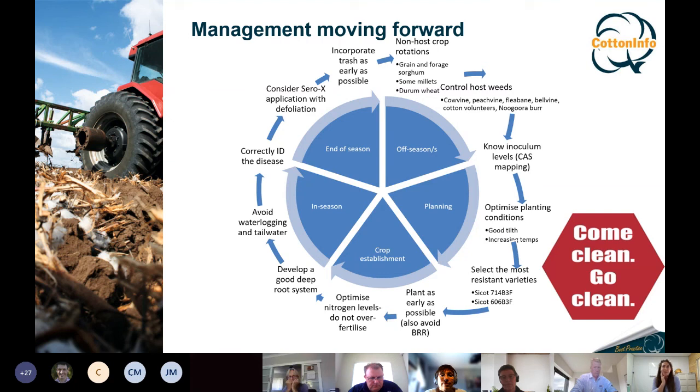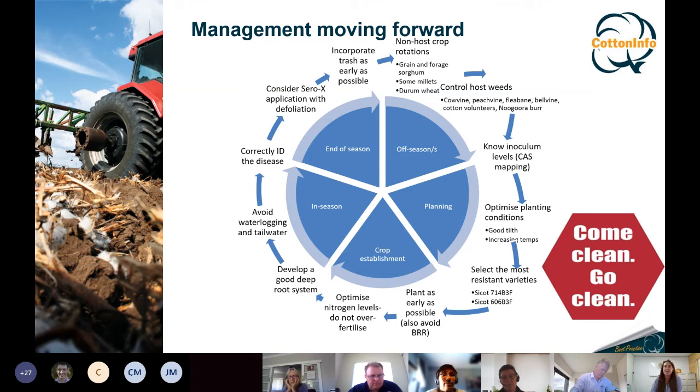Some of the ones mentioned today have been grain and forage sorghum, some millet varieties and durum wheat. If you want some more information on rotation crops, the Australian Cotton Production Manual, the 2021 book, has a table on page 78 and 79. I'm not sure of the page numbers for the manual coming out this year, but that's available online and in hard copy.